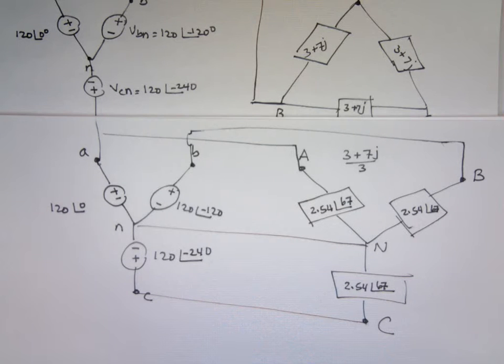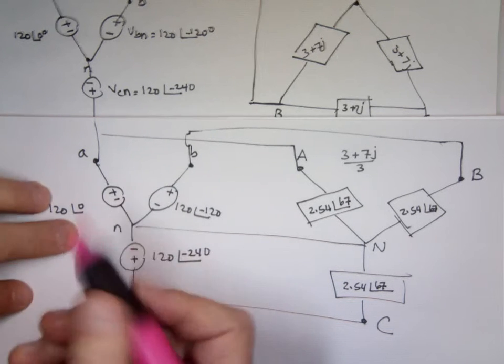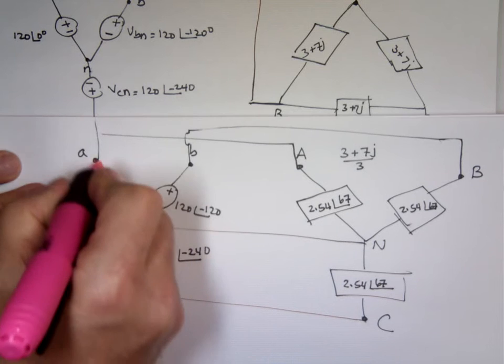If I take one loop here, N to A, and continue with it, this is my closed loop right there.